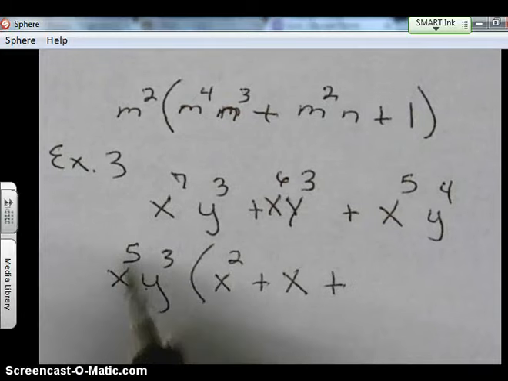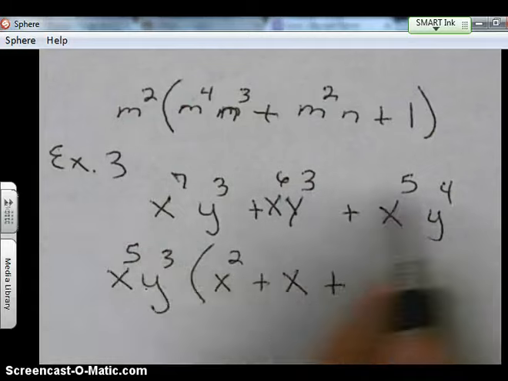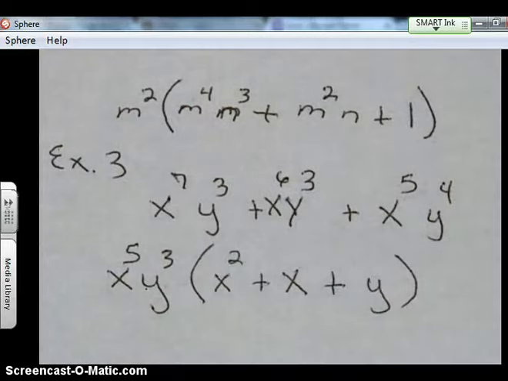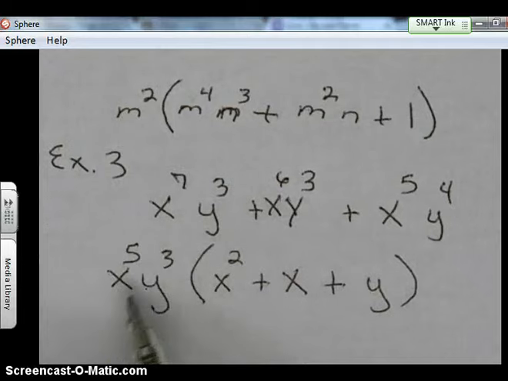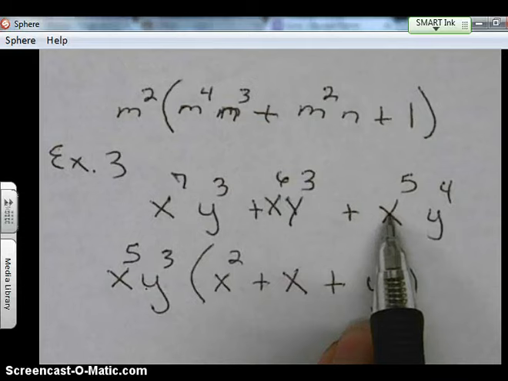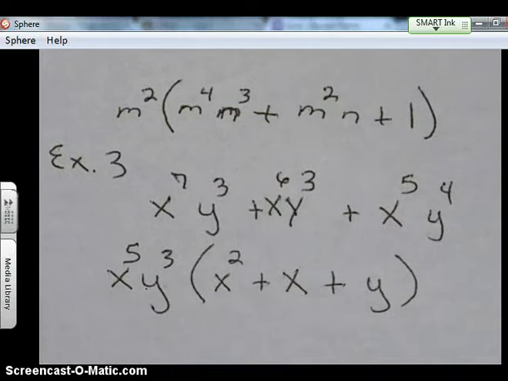X's, we took 5 from 5, leaving us with no x's. We took 3 from 4, leaving us with a y. So look for the common variable with the lowest exponent. That's what you would factor out. Okay, one more example.